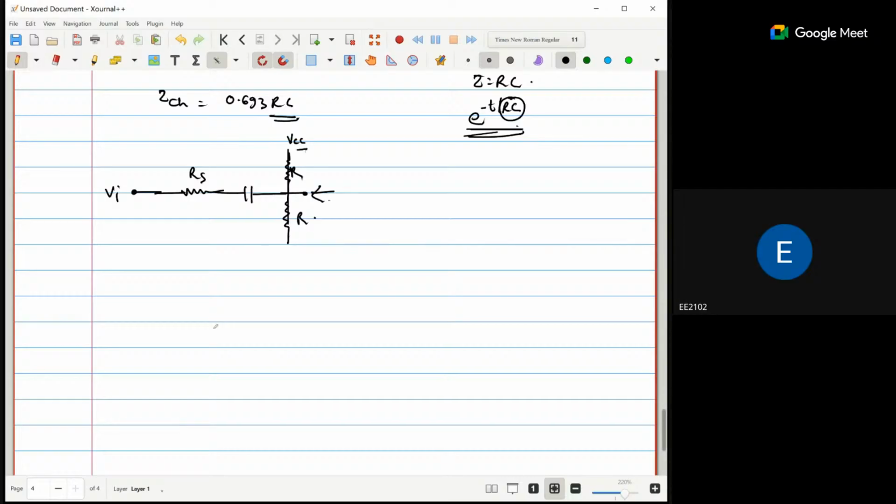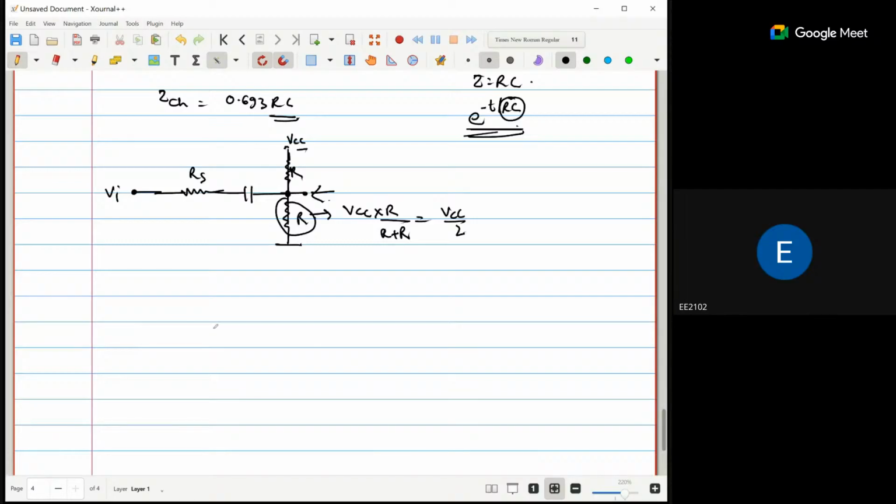If this is VCC, with R and R to ground and this is the joint, then the voltage drop across this resistor is VCC into R divided by R plus R. Applying voltage divider biasing, that is the VCC by 2.